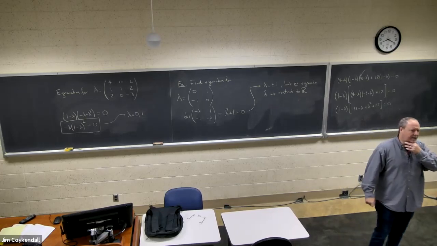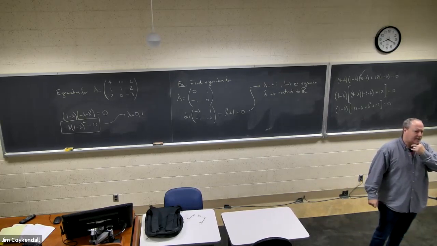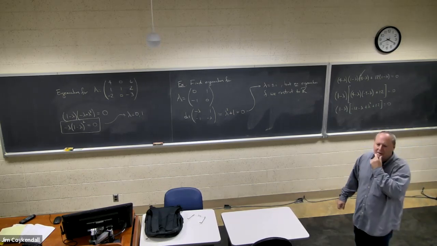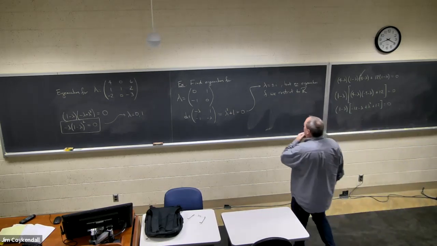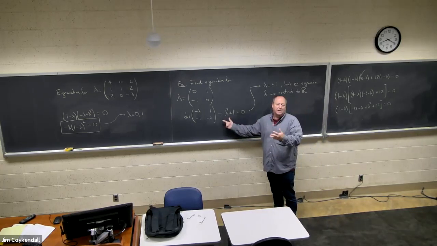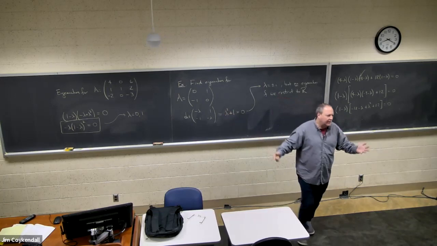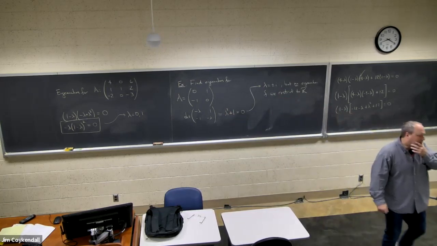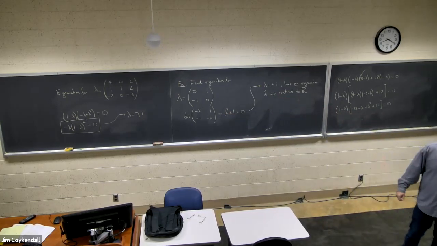Can somebody explain that? Geometry. So here I have an algebraic equation that just mindlessly tells me no real eigenvalues. Can somebody think of another way to tell this matrix has no real eigenvalues?